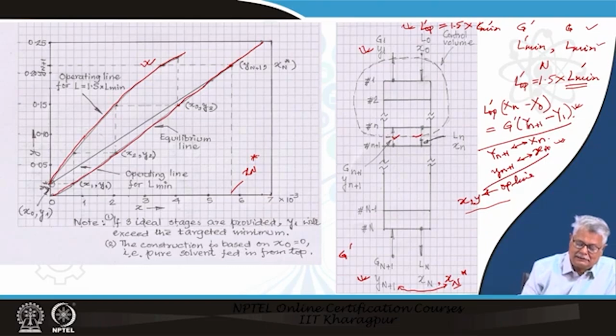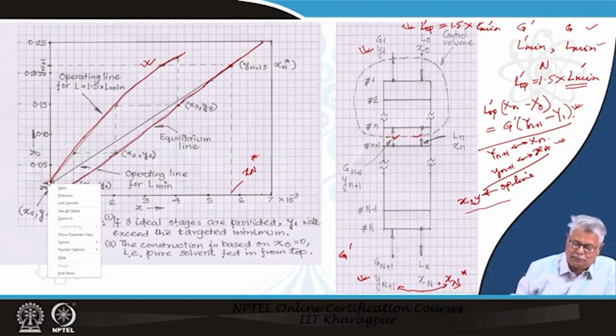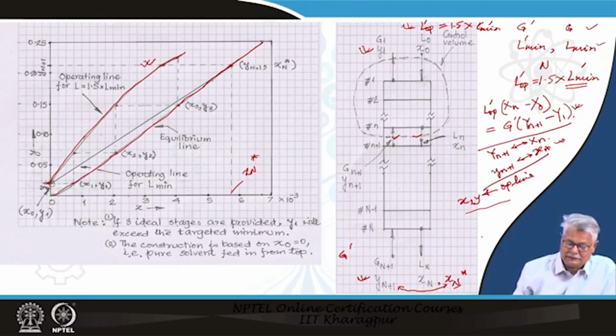This end on the operating line simply tells us the corresponding compositions here and here. So, naturally the coordinate of this point will be x0 and y1.